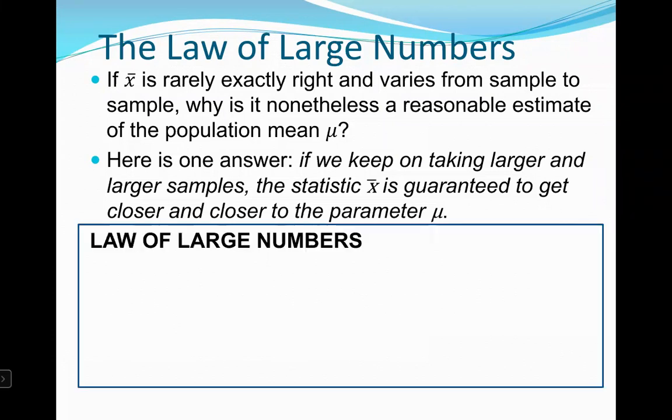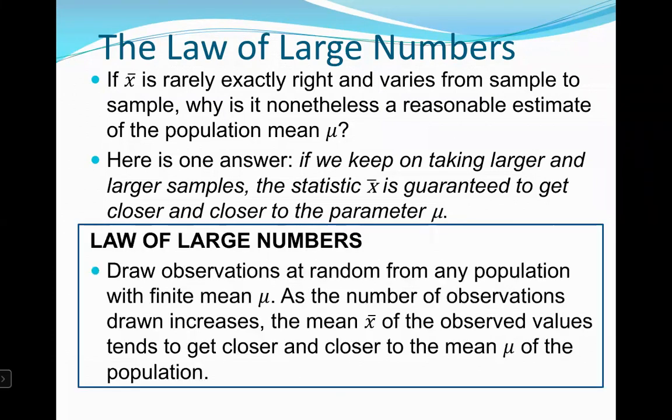Law of large numbers. Draw observations at random from a population with finite mean mu. As the number of observations drawn increases, the mean of the observed values tends to get closer and closer to the mean mu of the population.